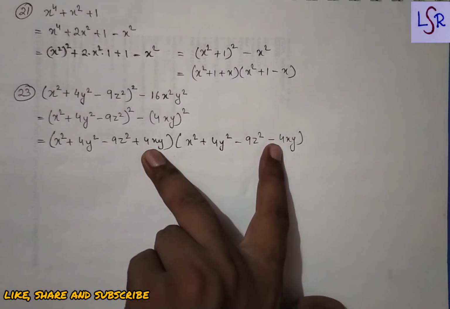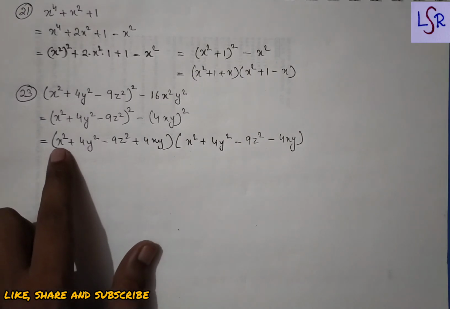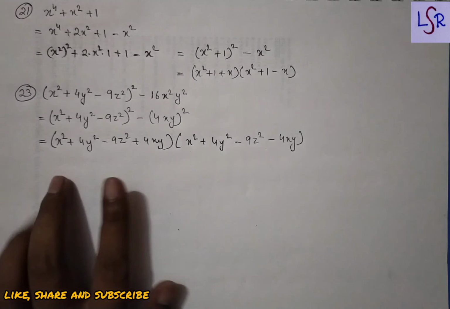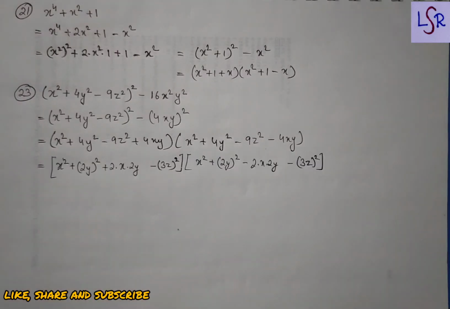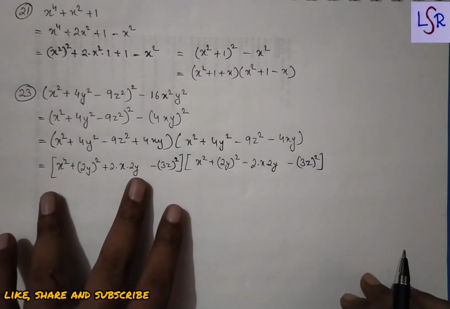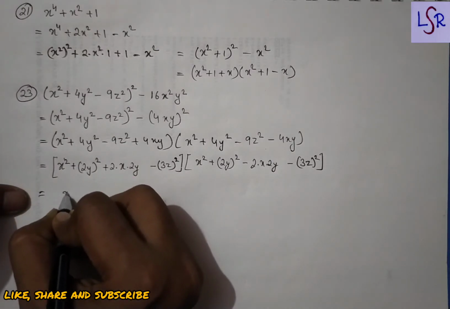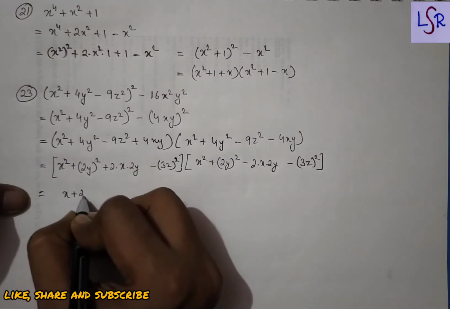Now we see that it is x square plus 4y square plus 4xy. This will be the expansion of this. Now we can write this in the form of a whole square, that is x plus 2y to the whole square.